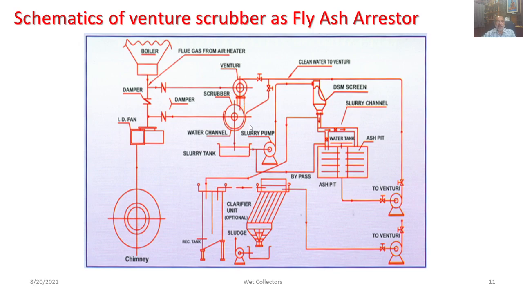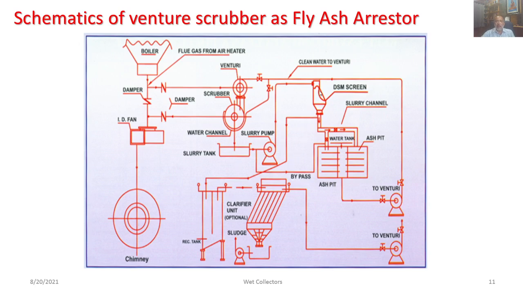The slurry coming out of the scrubber is sent to certain screenings, in turn to slurry channels, so that this pit, which is designed essentially to have the ash separated out of the stream. So the liquid coming out of this operation can be further recirculated for the venturi.